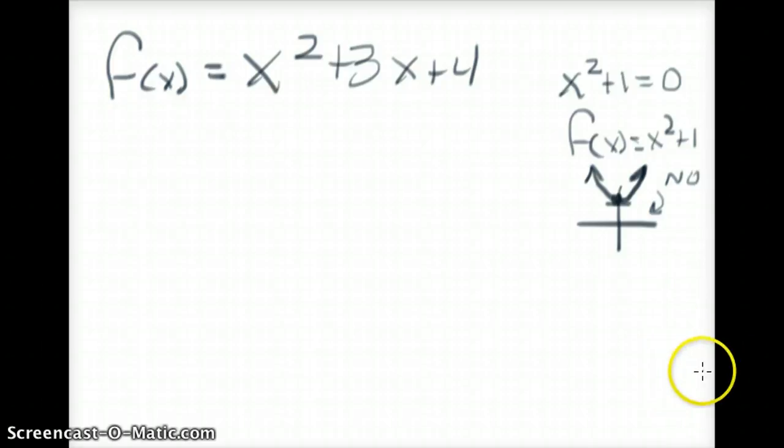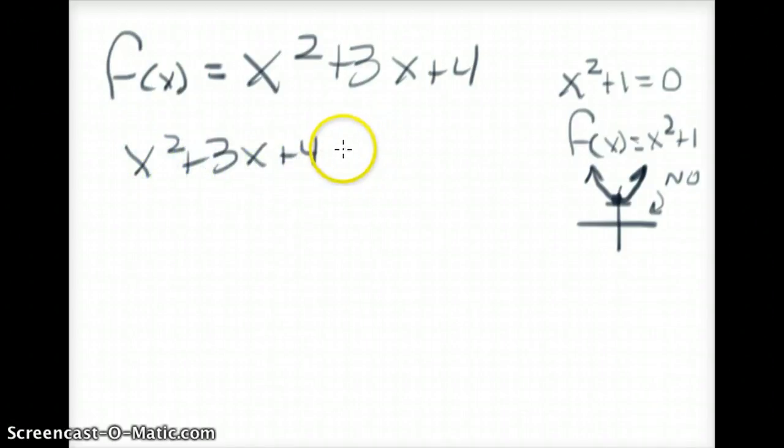Now, let's look at this problem here. What we want to do is find the x-intercept. So let's just say, for instance, we're going to set this equal to 0, okay? Well, we can't factor it, so we're going to have to use the quadratic formula. So that's what?